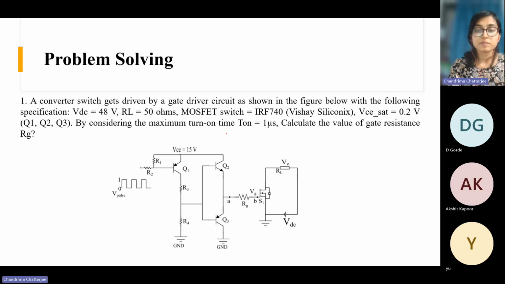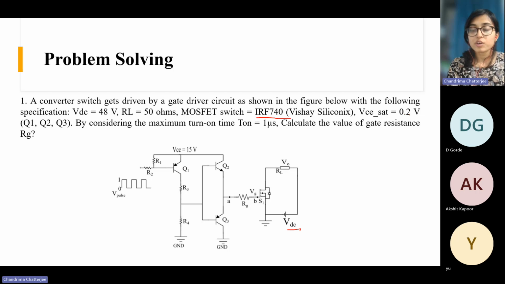See the first problem. The first problem is about the MOSFET gate driver. A converter switch gets driven by a gate driver circuit as shown in the figure below with the following specification. VDC is given as 48 volt. RL is 50 ohms. The MOSFET switch is specified as IRF 740.